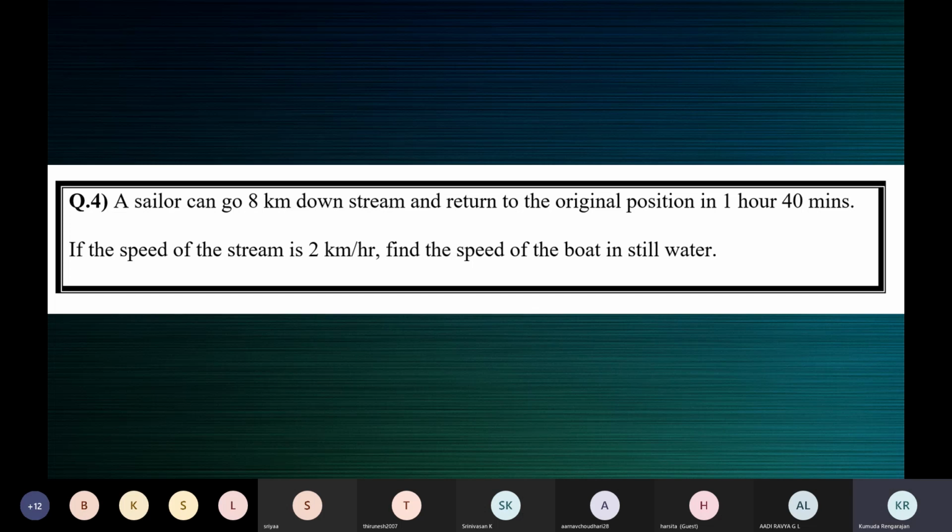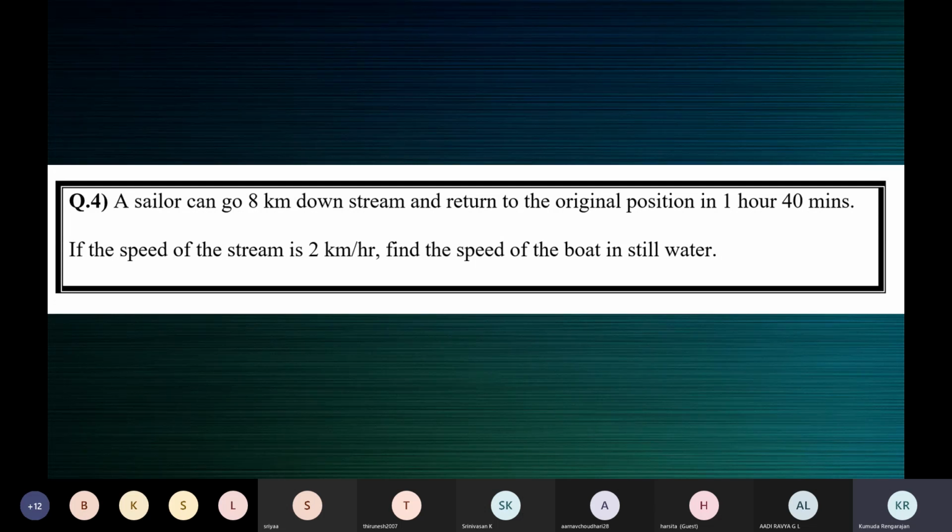So he covers 8 kilometers downstream at the speed of x plus 2 kilometers per hour, and he covers 8 kilometers upstream at the speed of x minus 2 kilometers per hour. So we have the distance and speed downstream, and the distance and speed upstream.